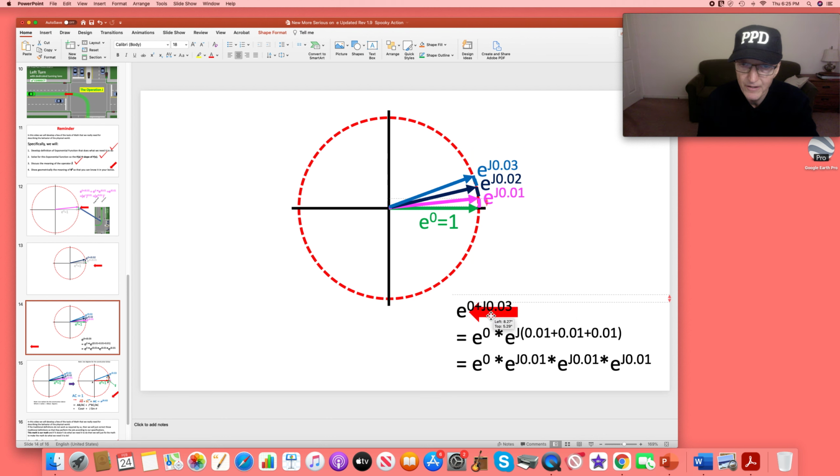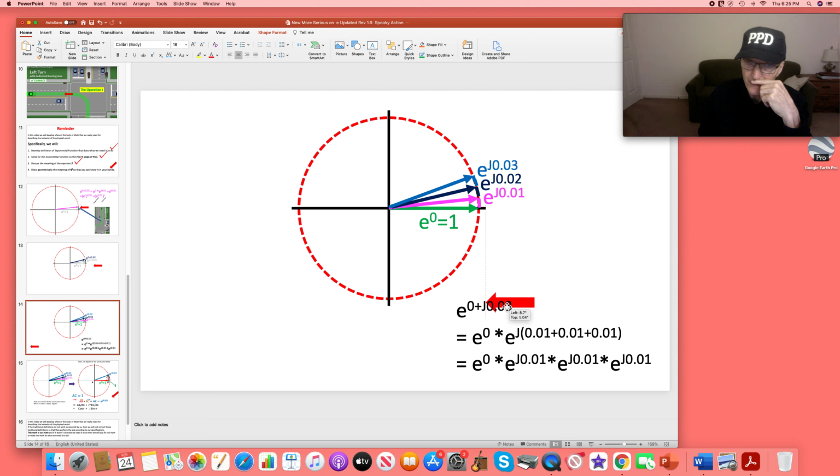So e to the 0 plus j 0.03 is equal to e to the 0 times e to the j 0.01 plus j 0.01 plus j 0.01. Okay, so I'm going to say that again, but follow the red arrow. It'll be easier for you.